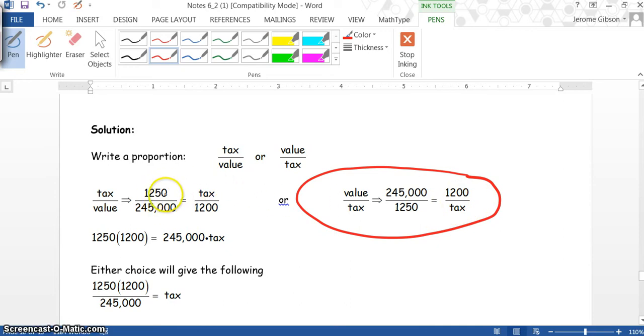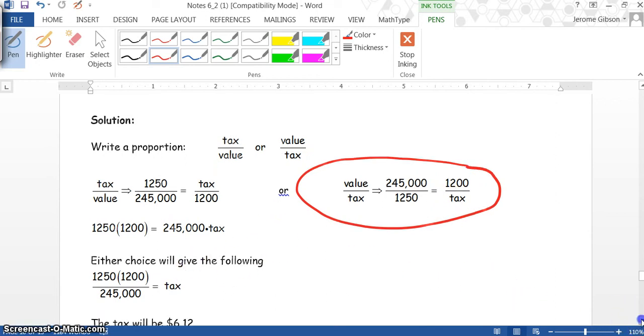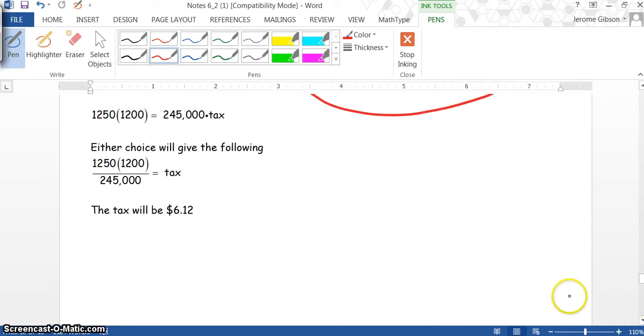But they did the reverse. They did the tax over the cost of the home. But as long as they are lined up correctly, it still will give you the same answer. Cost of the home with cost of the home, tax with tax. And then they did the proportion, the cross multiplication, and solved.